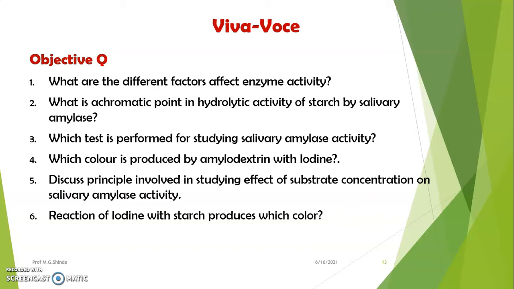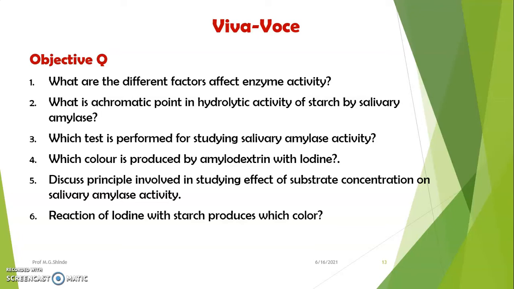Discuss the principle involved in studying the effect of substrate concentration on salivary amylase activity. In this, we are firstly allowing the starch to hydrolyze with the salivary amylase. The salivary amylase causes hydrolysis of starch, converting it into amylodextrin, then erythrodextrin and acrodextrin. When we test these different hydrolyzed products of the starch, if starch is present, it will give blue color with the iodine.